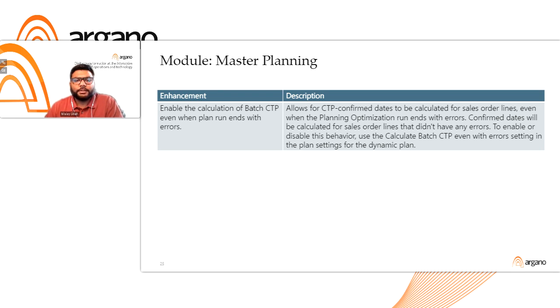This feature allows CTP confirmed dates to be calculated for sales order lines, even when the planning optimization run ends with an error. Confirmed dates will be calculated for sales order lines that didn't have any errors. To enable or disable this behavior, use the calculate batch CTP even with error setting in the plan settings for your dynamic plan.